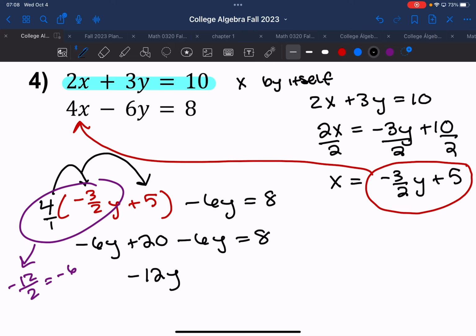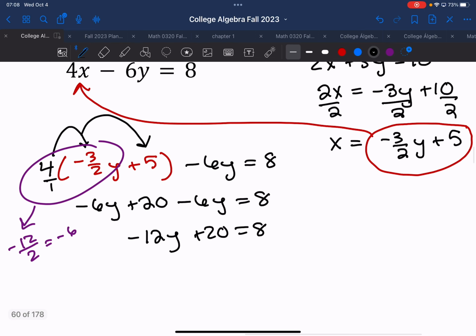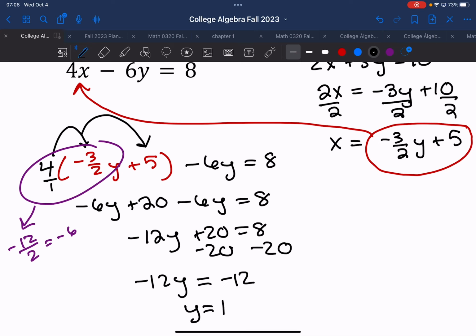Negative 12y plus 20 equals 8. And then if I subtract 20 over, I get negative 12y equals, what's 8 minus 20? Negative 12. So if I divide both sides by negative 12, I get y is equal to 1.